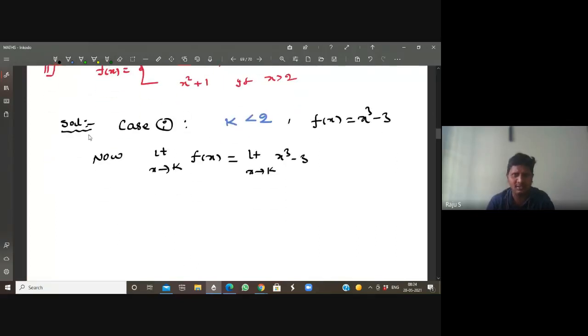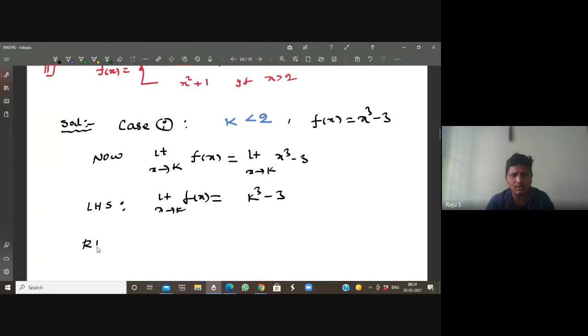Actually this is LHS, yes or no? Now this is equal to k cube minus 3. This is the limit value, limit x tends to k f of x. I'm using the first formula here. Okay, then we got the limit value. This is LHS. Either you can write LHS or simply you can find the limit. No problem, right?